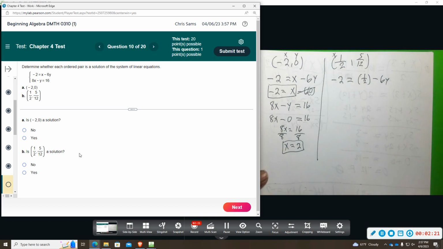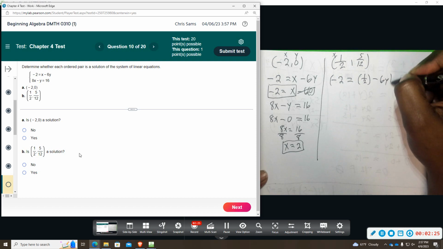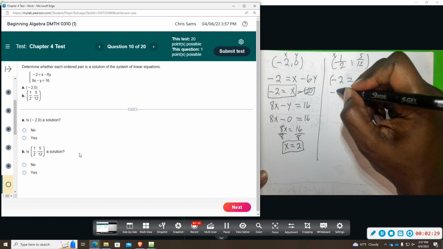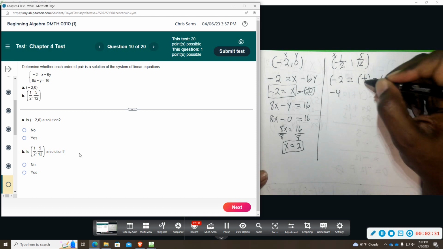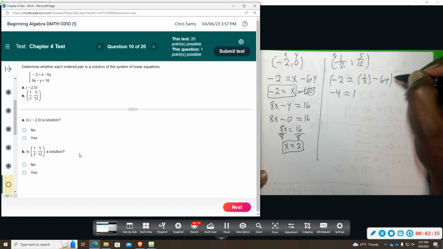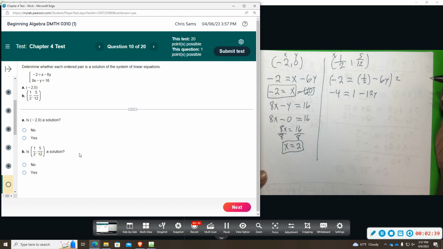All right, so I got a fraction. I want to get rid of it. I'm going to multiply everything by 2. 2 times negative 2, negative 4. 2 times a half, the 2 is going to cancel, leaving me with 1. 2 times 6, negative 12y.